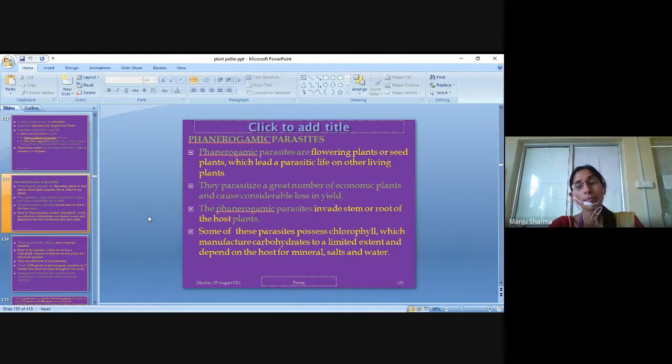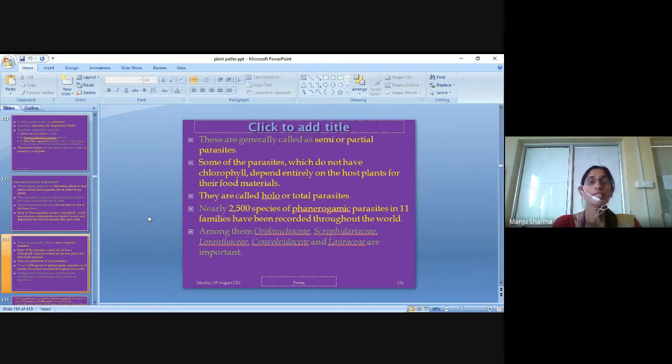They invade the stem or root of the host plants. Some of these parasites possess chlorophyll, which manufactures carbohydrates to a limited extent, and they depend on the host for mineral salts and water. So these are generally called semi or partial parasites.